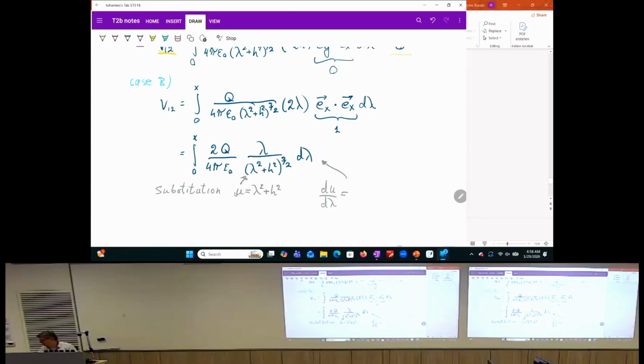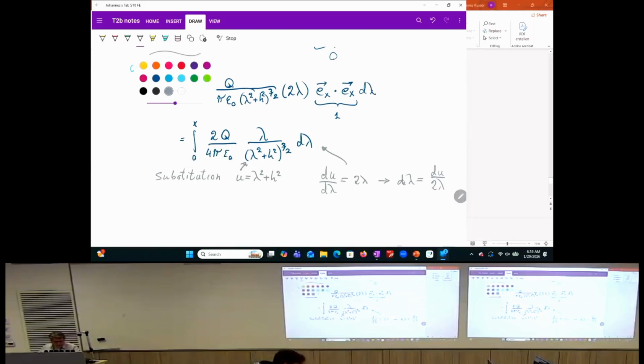The derivative of lambda squared gives you 2 lambda. This here has no lambda component, that just vanishes. But then you see that d lambda becomes du by 2 lambda.